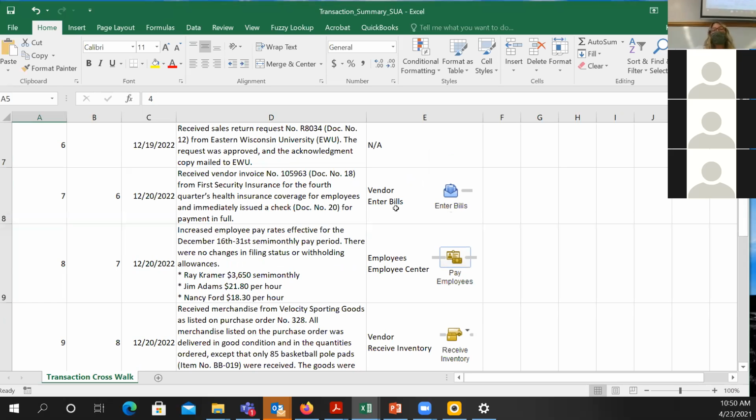Like I said, I think we'll spend maybe 5 or 10 minutes at the beginning of class on Monday, looking at what this cycle looks like, the purchasing cycle in QuickBooks. But then the remainder of class, we'll talk about the closeout process.